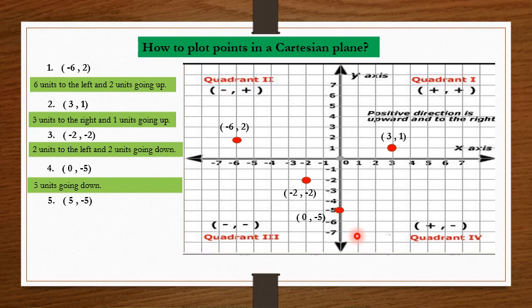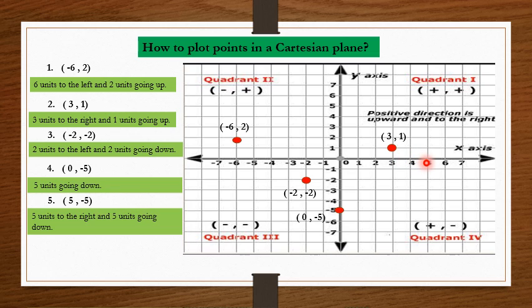Next, number 5. 5 and -5. So 5 for x is going to the right, and -5 is going down. We have 5 units to the right and 5 units going down. So from the origin, we go to the right. 1, 2, 3, 4, 5.